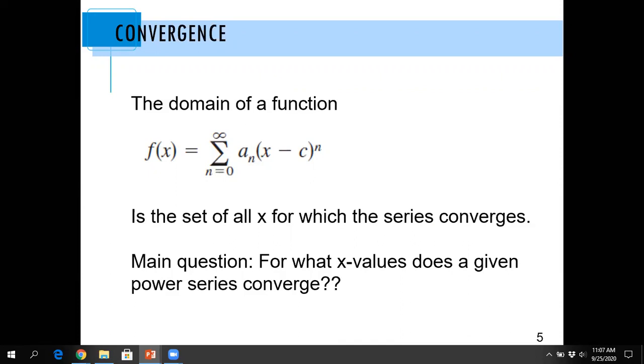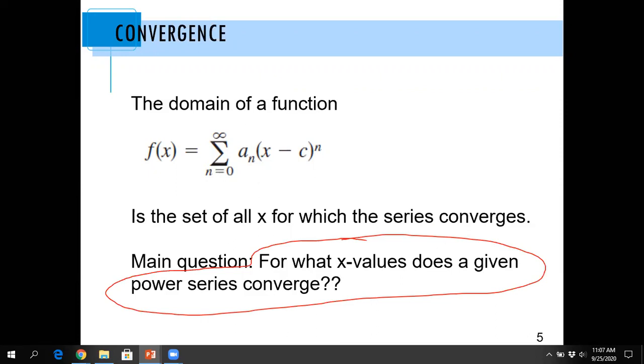Typically speaking, a couple of tests will help us to this end. So for what x values does a given power series converge? The two tests you use the most often to that end are the root and the ratio test. Okay, the root and the ratio test are the big two.